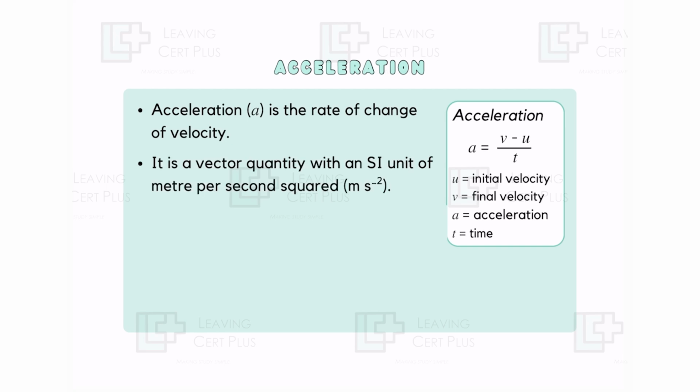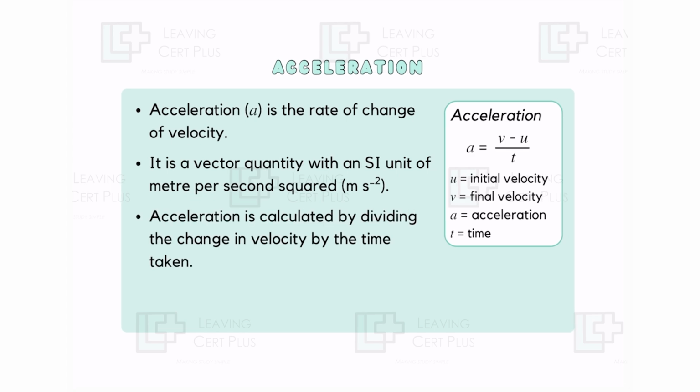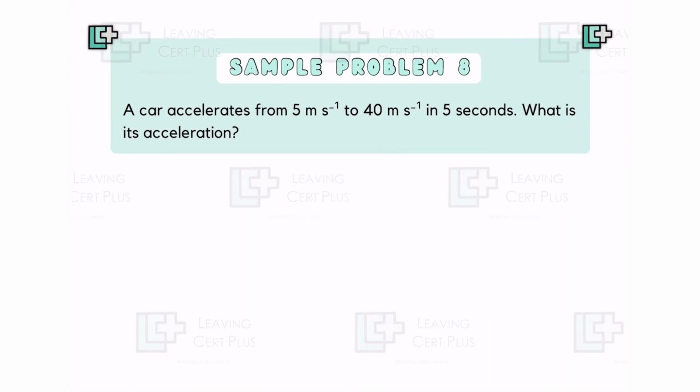Acceleration is a vector quantity with an SI unit of meters per second squared, written m s^-2. And we're going to again add that acceleration is calculated by dividing the change in velocity by the time taken. So let's take a look at how it's done on an example.